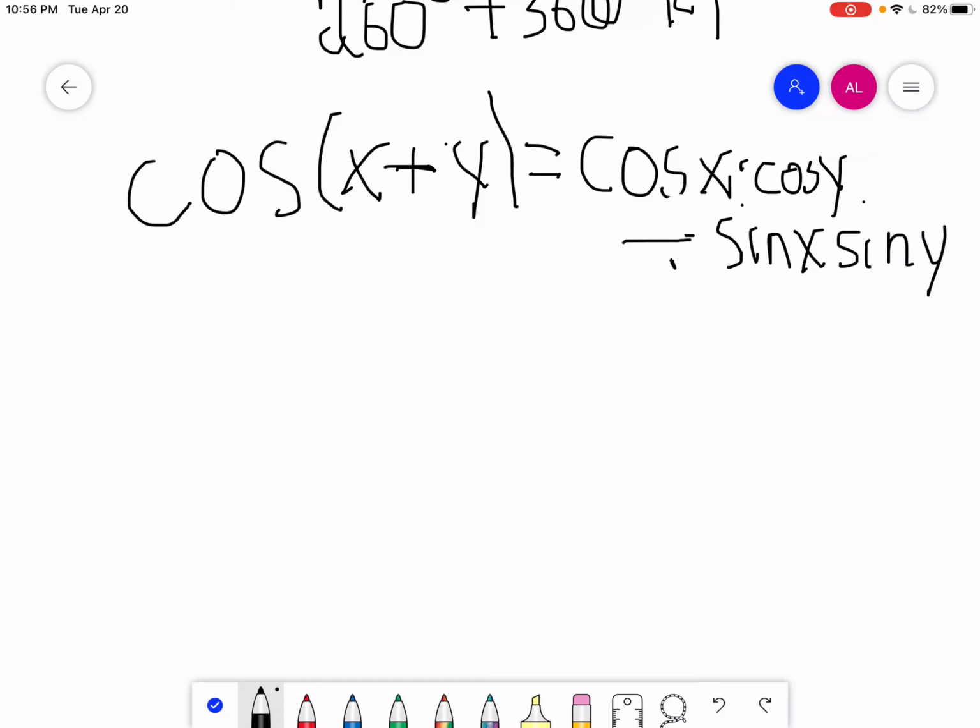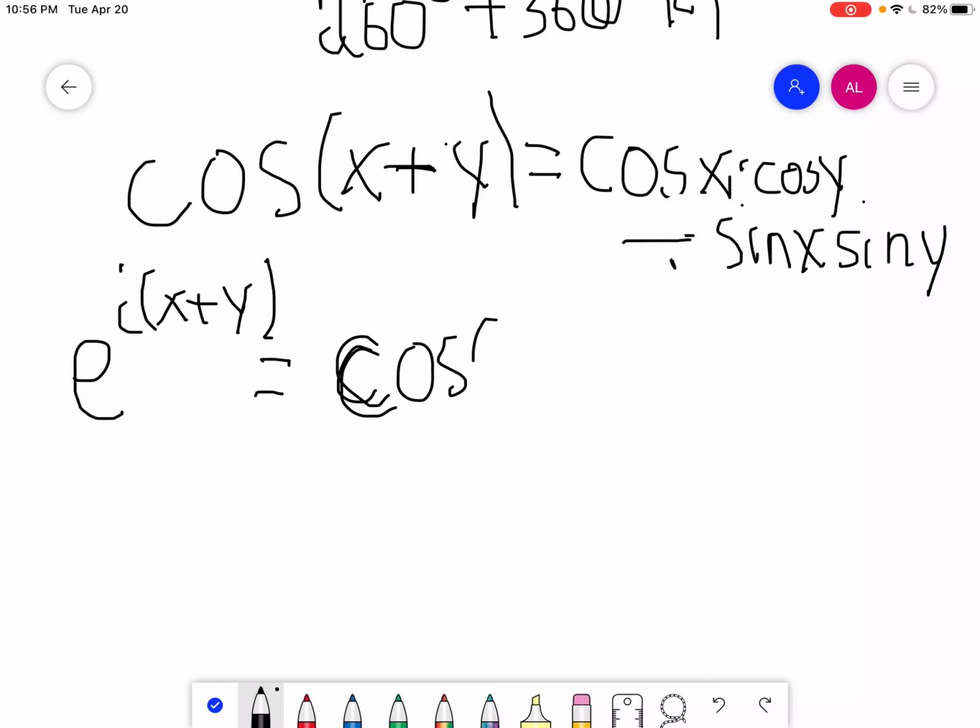So for cosine of x plus y, what we can do is find e to the i times x plus y, which is cosine of x plus y plus i sine of x plus y.